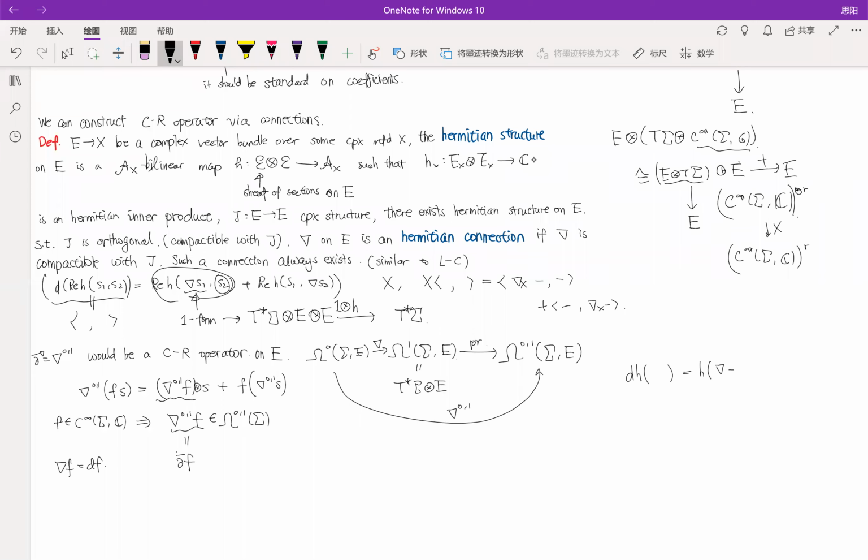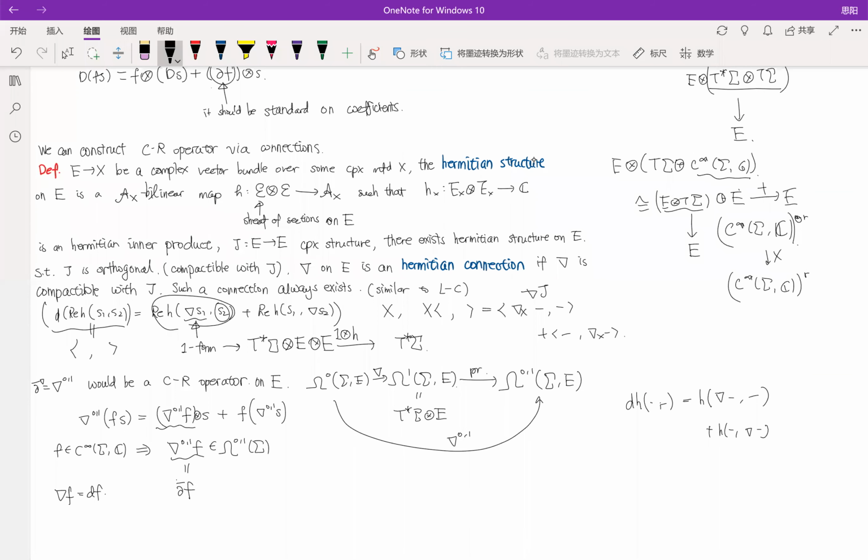Maybe there should be some conditions that should be added to this. I think. Oh yes, if we require, no, if we cannot require this. So the image of each. So the second one is the form.